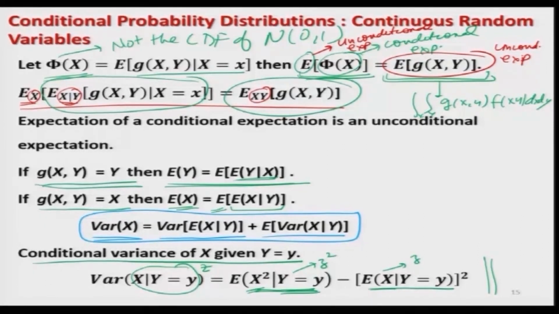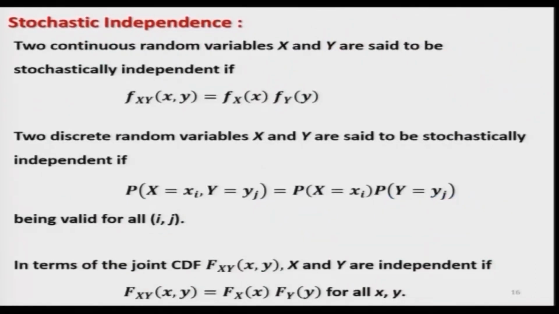So, the variance of X is obtained as the variance of the conditional expectation plus the expectation of the conditional variance. This is what you have to use when you try to solve any problem.